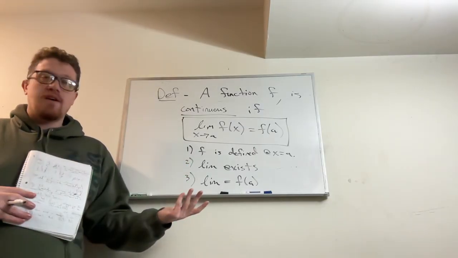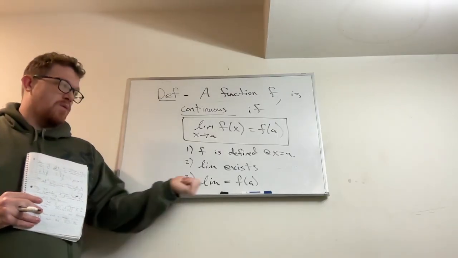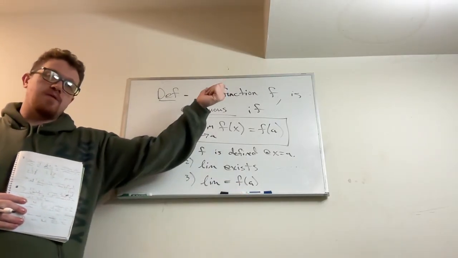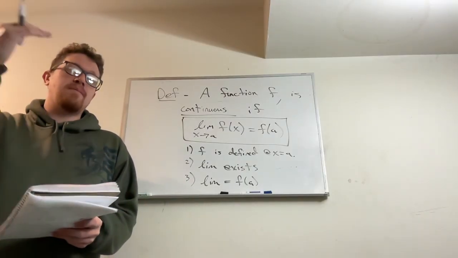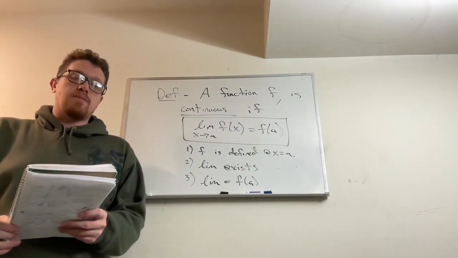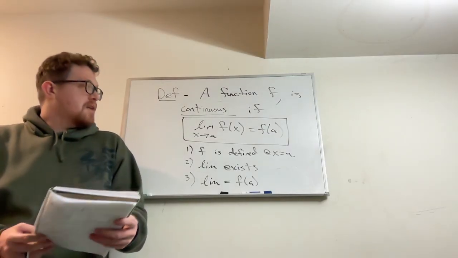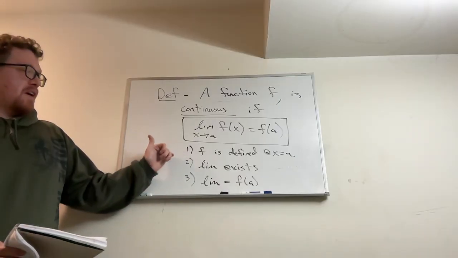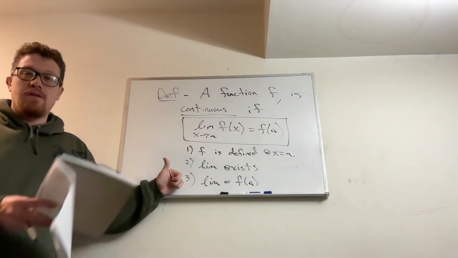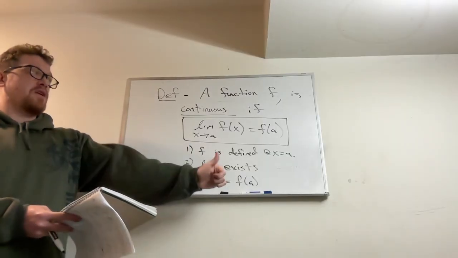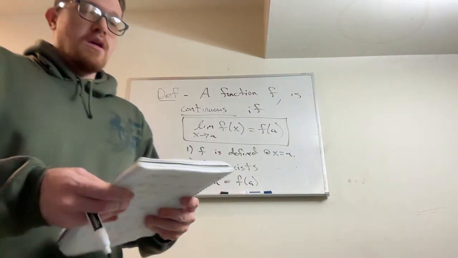If you have a jump discontinuity, then 1 and 2 would be satisfied, but the limit would not be equal to the value of the function, because the function is defined to be a different value than what the value is approaching as you get close to that particular x value. Okay, so you have these three things here. It's continuous if it's defined there, the limit exists, and the value of the limit, that L that we had in the definition, is actually just equal to f of a, the value of the function.